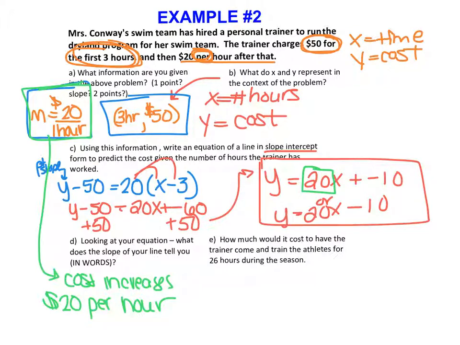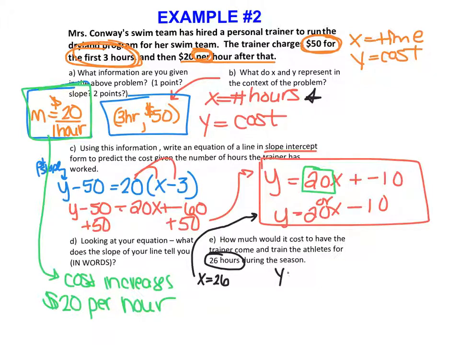Then finally in part E, it says, how much would it cost to have the trainer come and train the athletes for 26 hours? So here, we need to decide the 26 hours, which variable does it represent? Well, if I look back up here, hours is associated with x, so this is an x value of 26. I'm then going to take that x value and plug it into my equations.